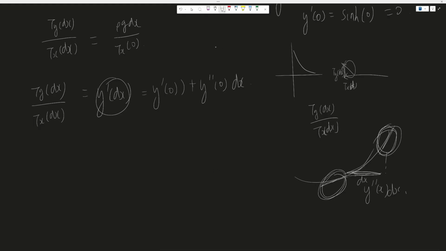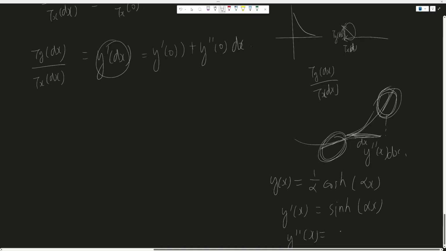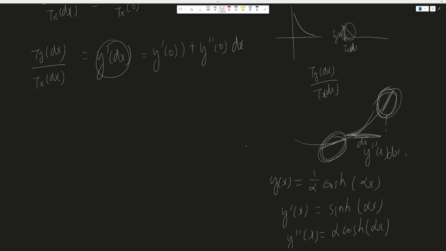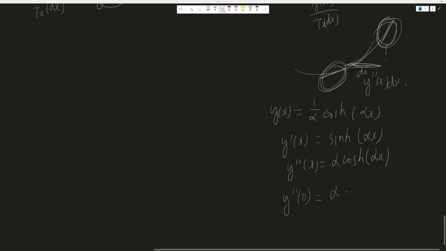So now it's very easy to find y double prime of 0 too, because previously we said y of x is 1 over alpha cosh alpha x, and then y prime of x is hyperbolic sine alpha x, and then the double prime is basically alpha hyperbolic cosine alpha x. So then what is y double prime of 0? It is alpha hyperbolic cosine 0.